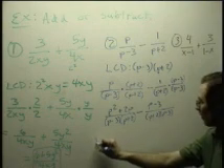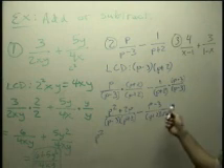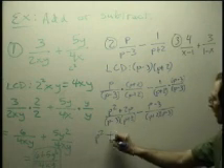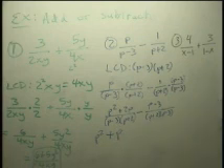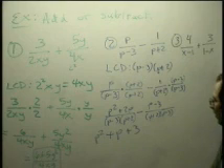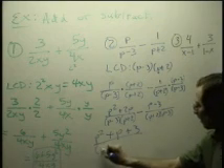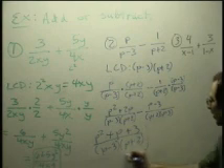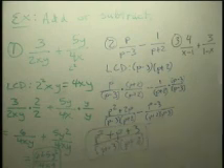So p squared, there's nothing to match it here. 2p minus p is plus 1p. Minus a negative 3 is plus 3. Still over my common denominator. Okay?